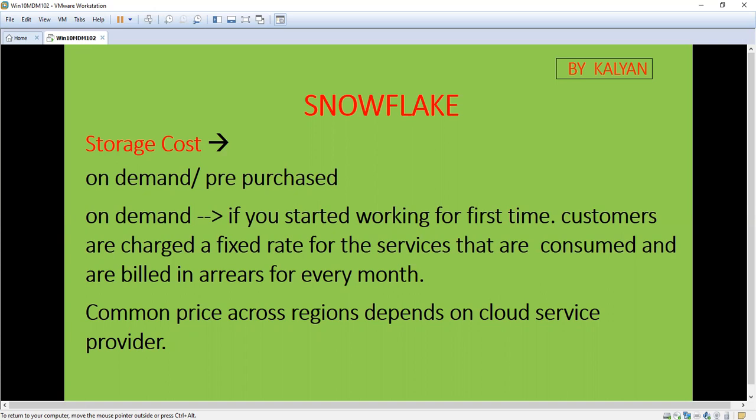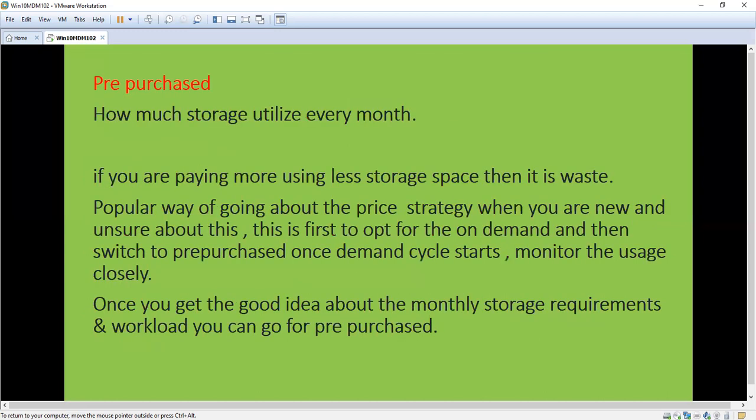So it will be common across the regions, but sometimes it depends upon the cloud service provider. Microsoft Azure might have some pricing policy, and Google might have some other pricing policy. So sometimes it may differ.